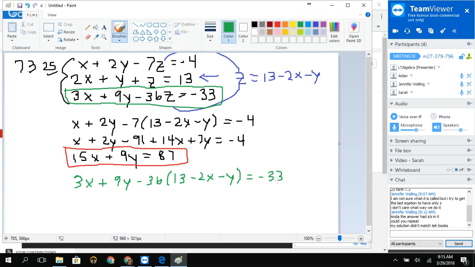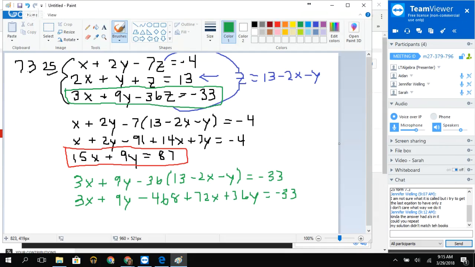All right, so now I need to simplify by distributing my negative 36, right? 9y. 36 times 13 is 468. Minus 468, plus 72x plus 36y equals negative 33.